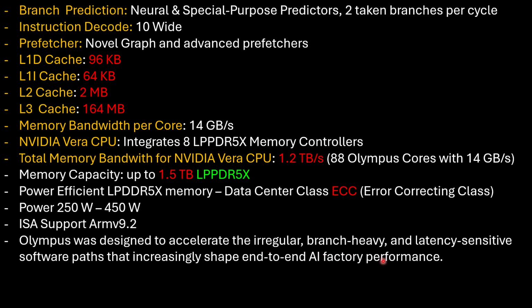So, irregular, branch heavy, and latency sensitive software paths that increasingly shape end-to-end AI factory performance. As we walk through the documentation, we will explain much more about this.